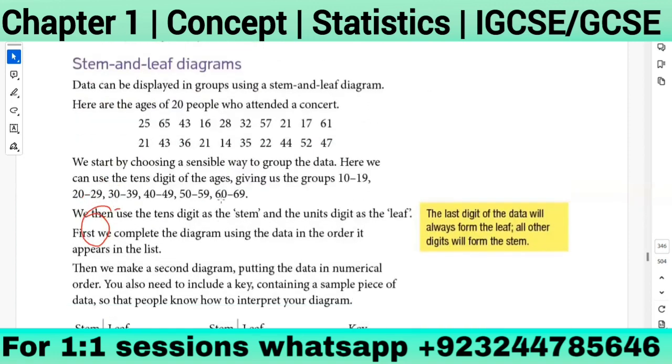So we are done with this exercise. Any confusion, any problem? The only main formula you need to keep in mind is part by total multiplied by 360 will give you the degrees. So this formula will help you calculate anything, even if you're going from pie chart to data or data to the pie chart. Okay, we are moving to the next topic now.